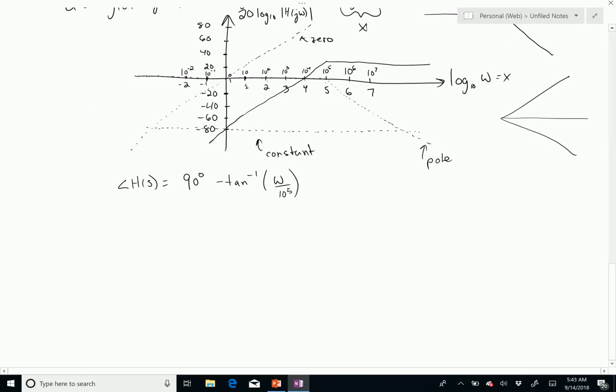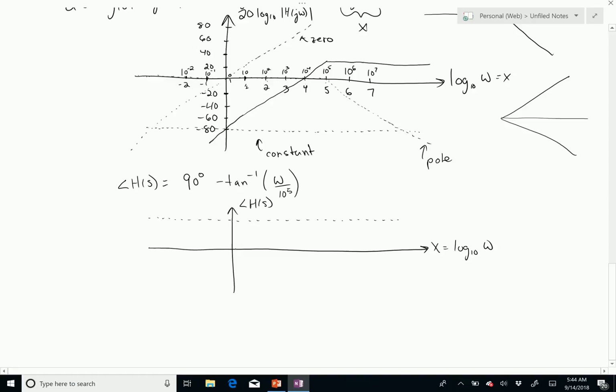All right, so again, if I try to sketch that, x equals log 10 of omega, and this is the angle of H of s, okay? If I try to sketch this, I have a 90-degree term that's basically stuck there all the time. And then I have a pole that begins to act at 10 to the fifth.